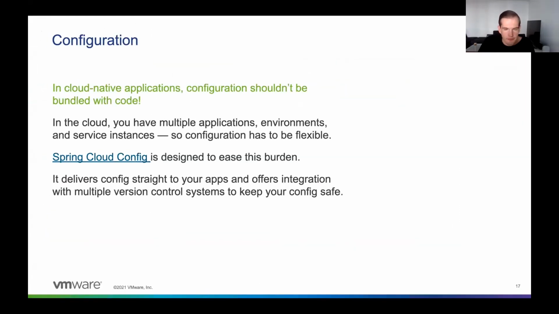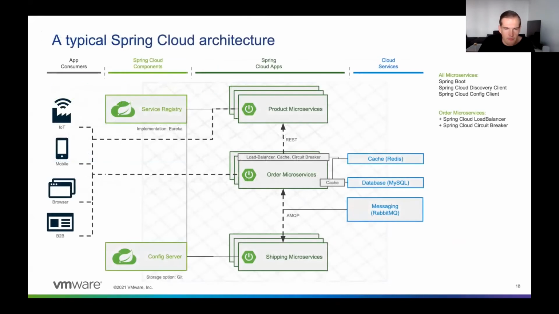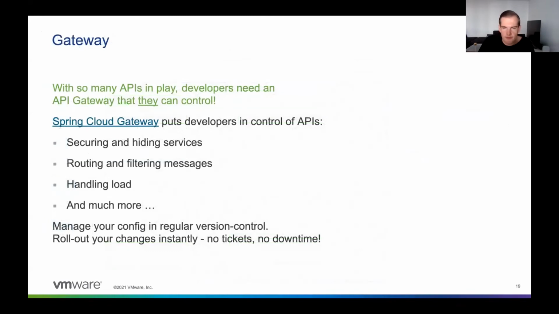Okay, next challenge. With so many APIs in a microservice application, there is a need for an API gateway. One benefit of the gateway we're talking about here is that developers can control that gateway.